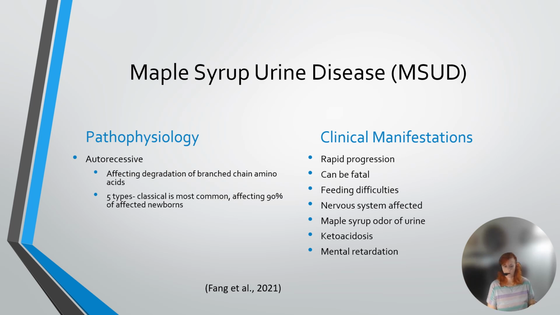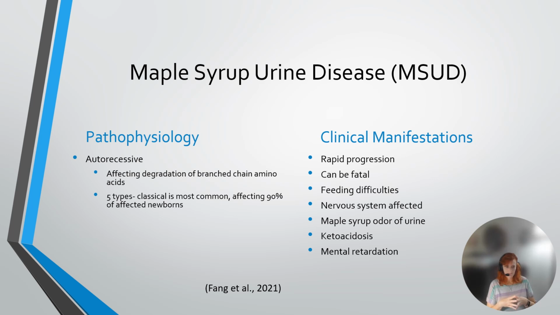I know I said that wrong, but just so you know, it's not just one MSUD. There are actually 5 different types, and they do vary. But classic is the most common, affecting 90% of affected newborns. This one needs timely intervention.